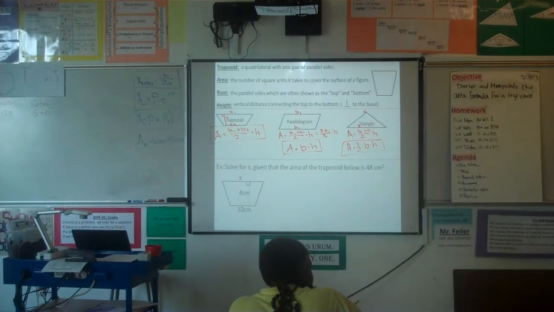Solve for x, given that the area of the trapezoid below is 48 centimeters squared.